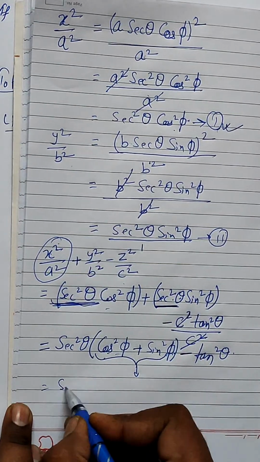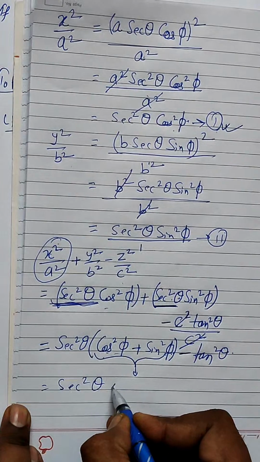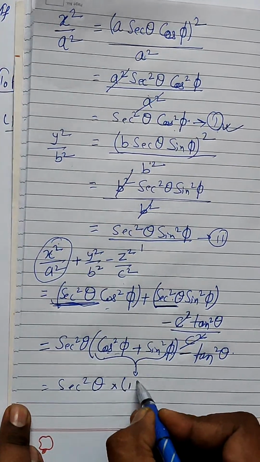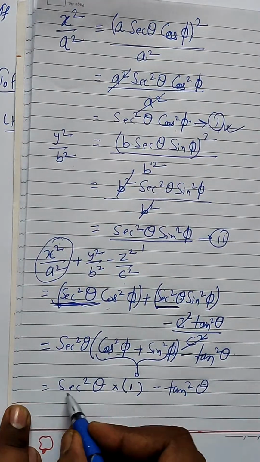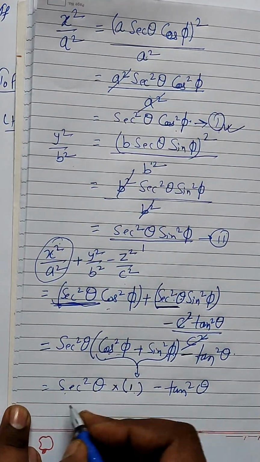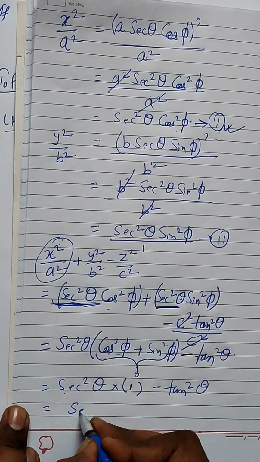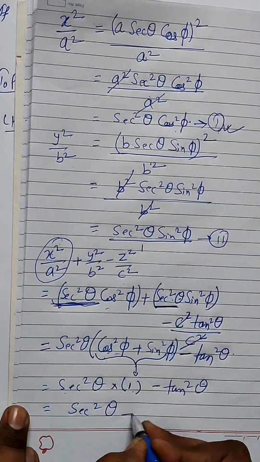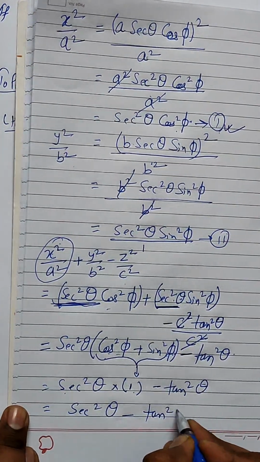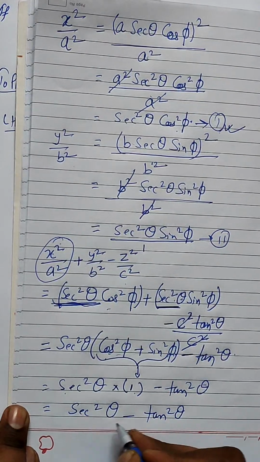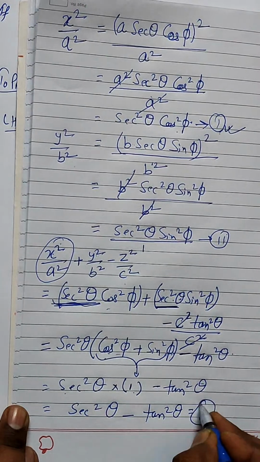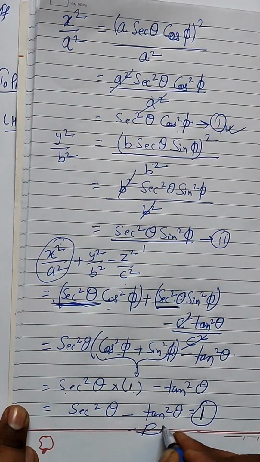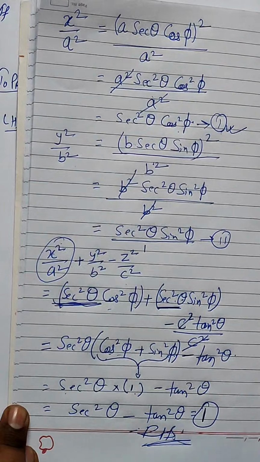So this will be sec square theta into, in the bracket, 1 minus tan square theta, and sec square theta into 1 will be sec square theta. So it will be sec square theta minus tan square theta. What is the value of sec square theta minus tan square theta? It is equal to 1, right? This is our RHS. So this is proved, right?